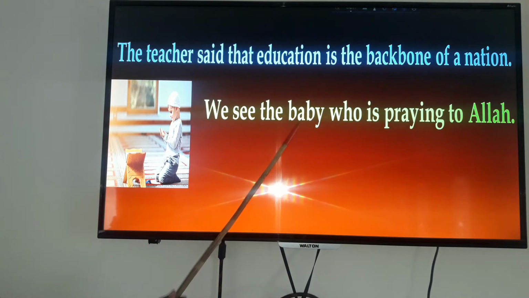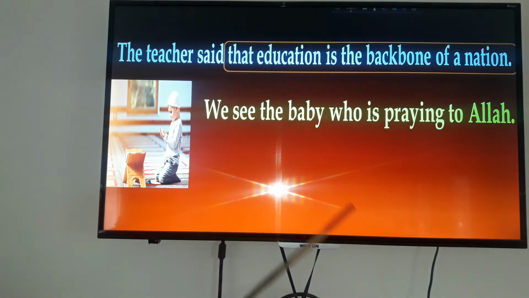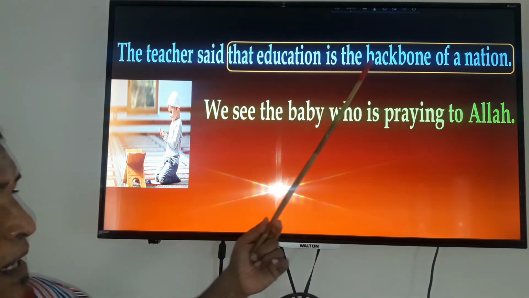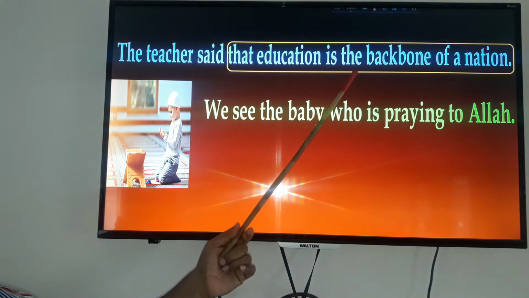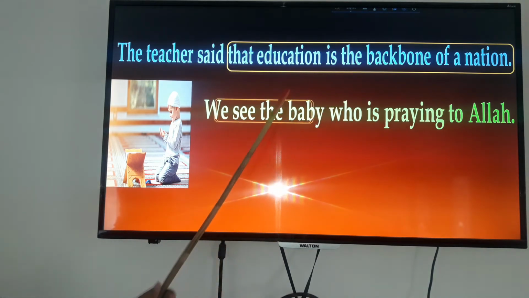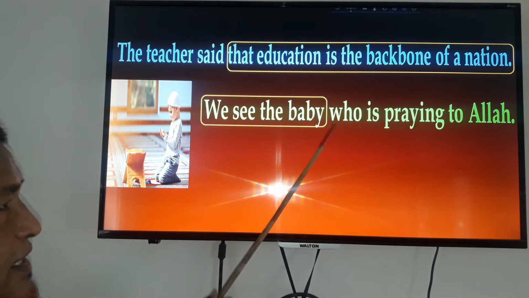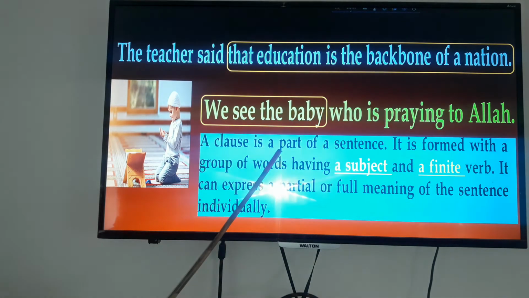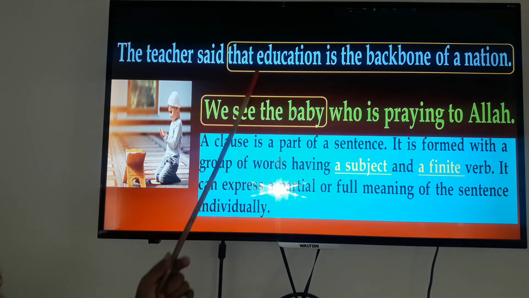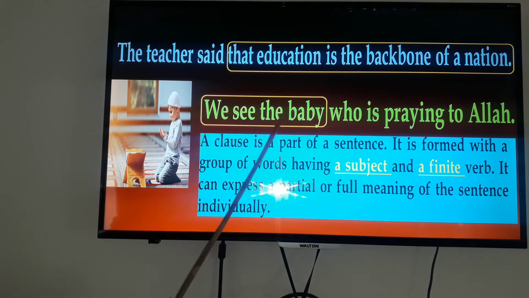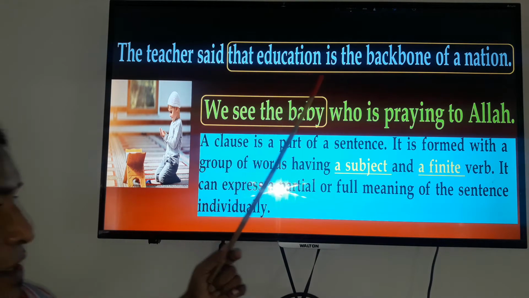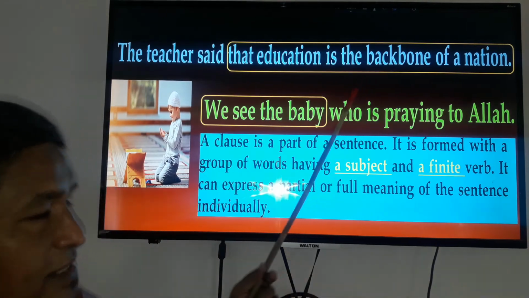Here are two sentences, okay? Each is a part of a sentence. So we know before that clause is a part of a sentence.